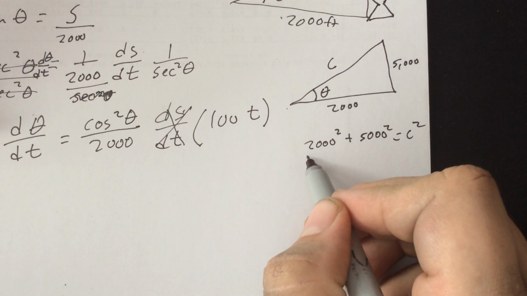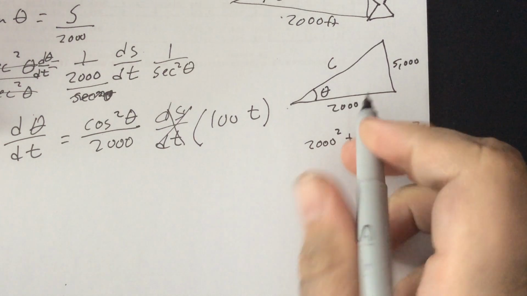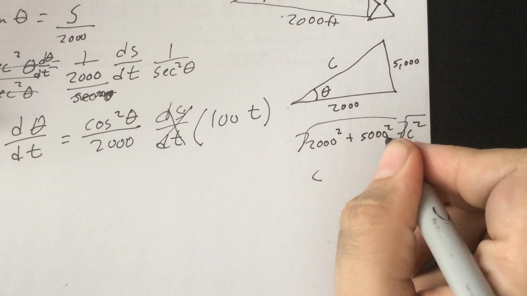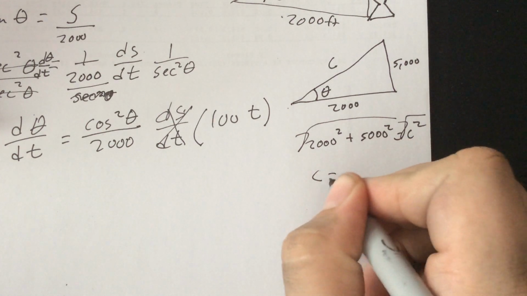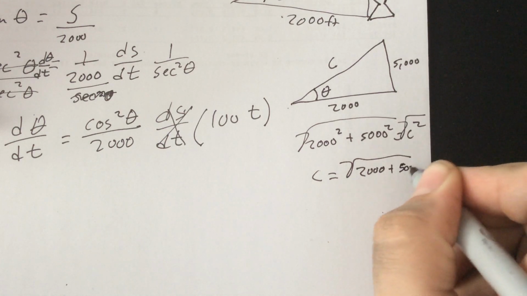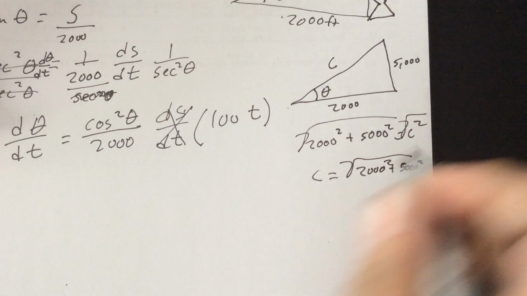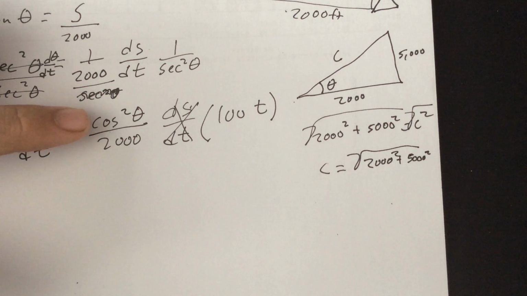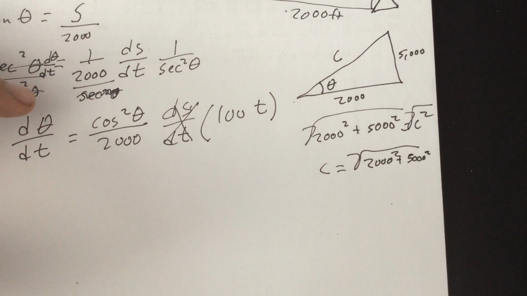The only thing to get c by itself then is we would square root both sides. So for now we're going to leave these as they are and just have the square root of 2,000 squared plus 5,000 squared as our c. So cosine, when we rewrite this, is, so SOH CAH TOA, sine is opposite over hypotenuse, cosine is adjacent over hypotenuse.